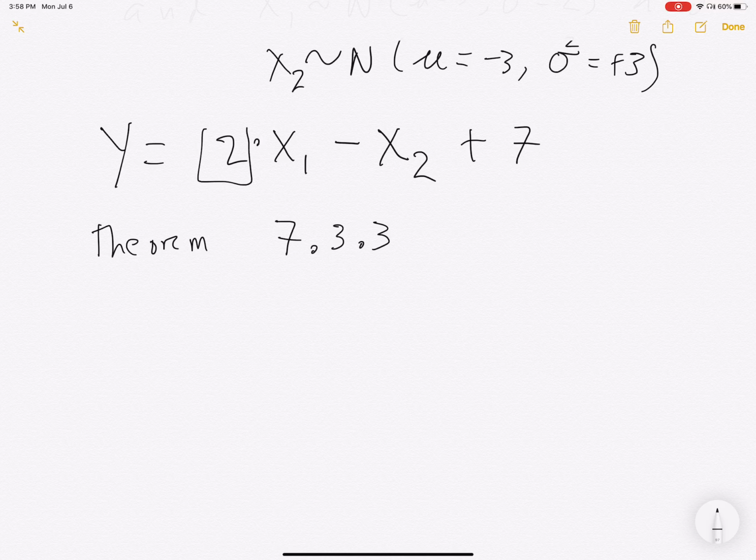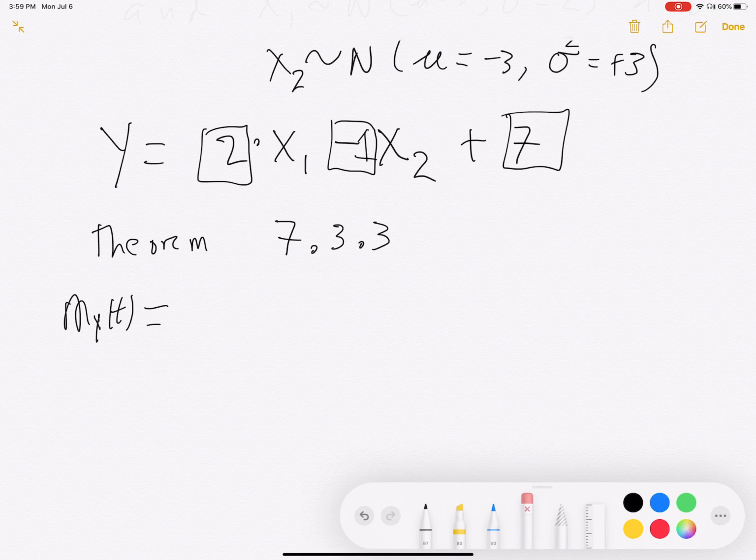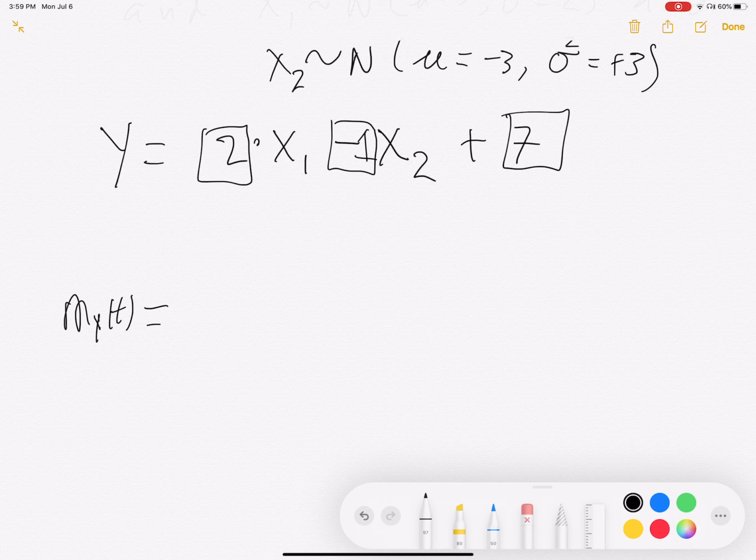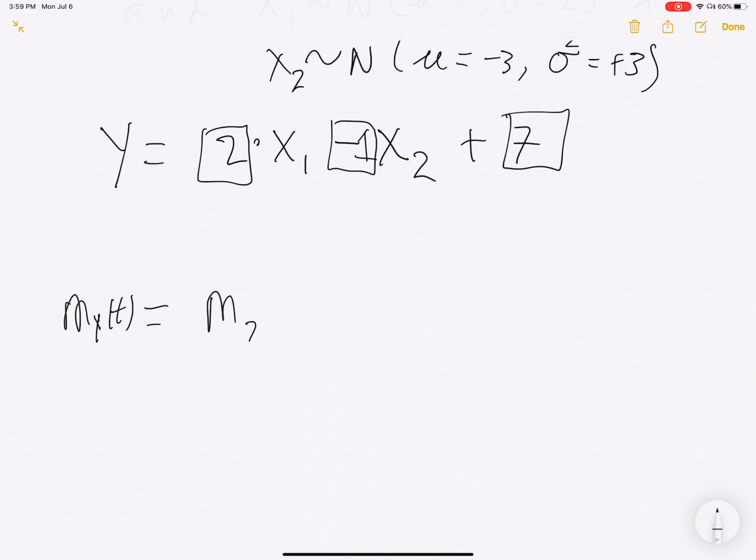I'm going to use it on this 2 and this -1, and I'm also going to use it on the 7. So first of all, I'm going to start with the moment generating function of Y. The moment generating function of Y is going to be the moment generating function of 2X1 minus X2 plus 7 of t.